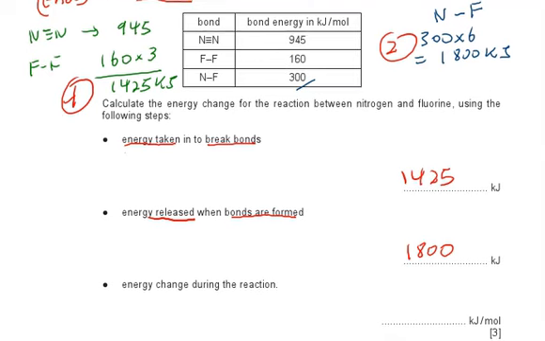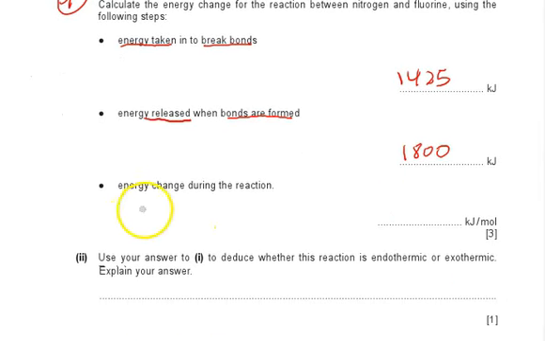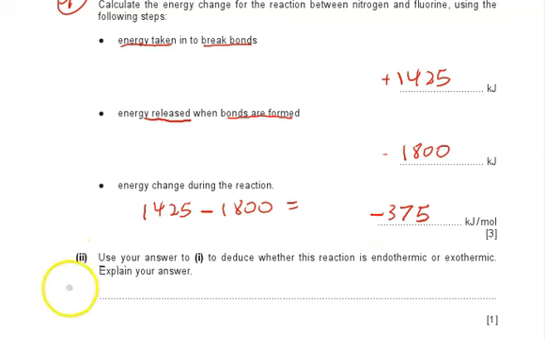Now the energy change during a reaction: 1425, we assume it's positive and this is negative energy, so minus 1800, we get about negative 375 kilojoules.